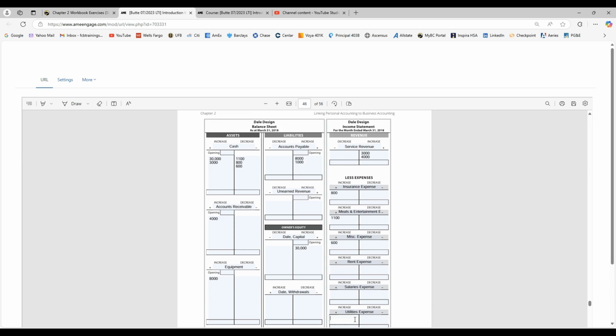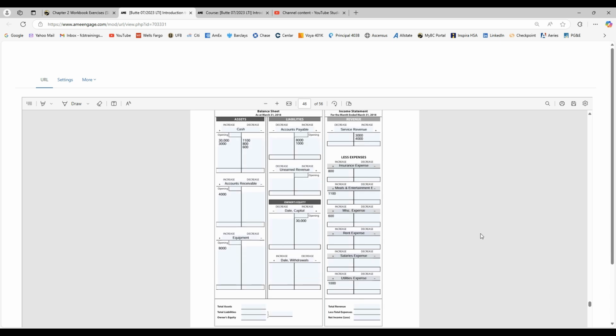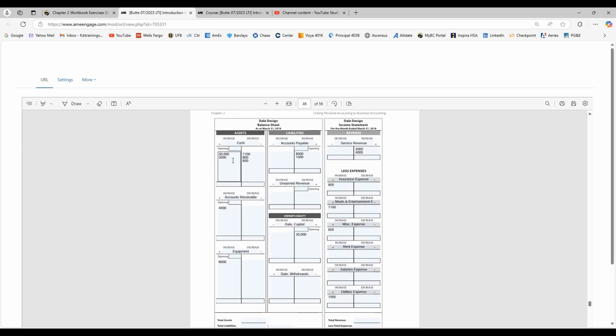But because we're doing accrual accounting, regardless of when we make the actual payment, we're going to record the expense associated with that utilities bill in the month it was incurred, which in this instance is March. So we record that expense now. We just do an accounts payable, which will later be paid down with cash in the following month.